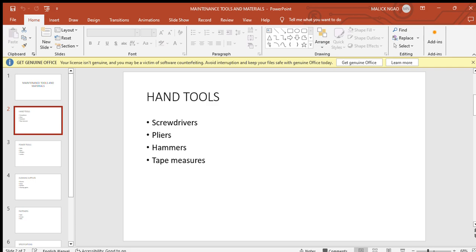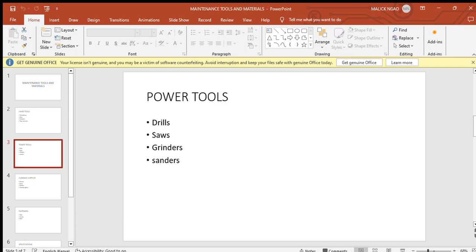Next, tape measures. Good, Evans. Hammers. Hand tools we have like screwdrivers, pliers, hammers, and tape measures, and many more.